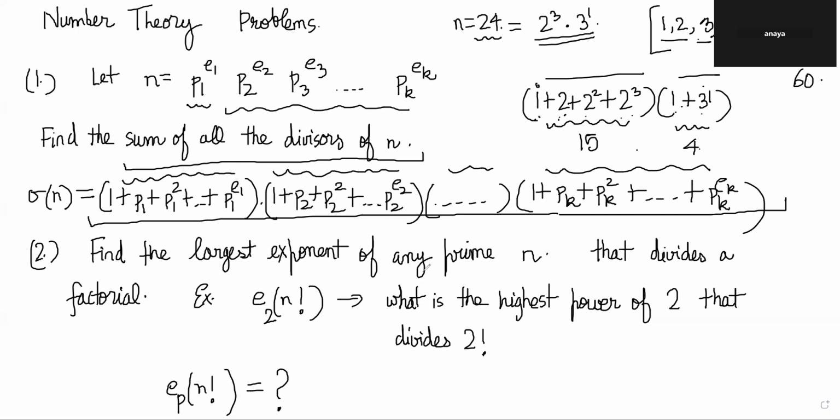Okay. Next thing is find the largest exponent of any prime p that divides a factorial, n factorial. So basically, what I want is an expression for Ep of n factorial, where if I write it like this, E2 of n factorial means what is the highest power of 2 that divides n factorial, not 2 factorial.